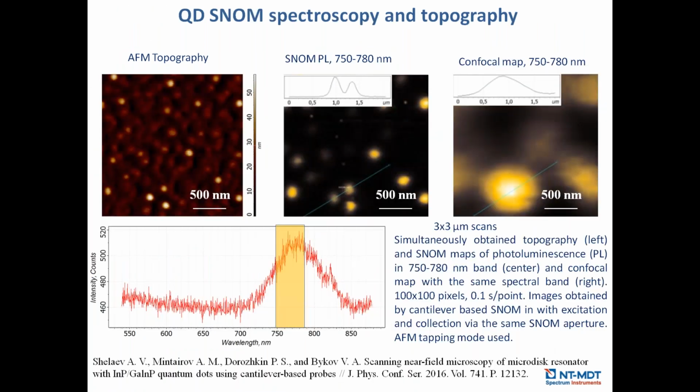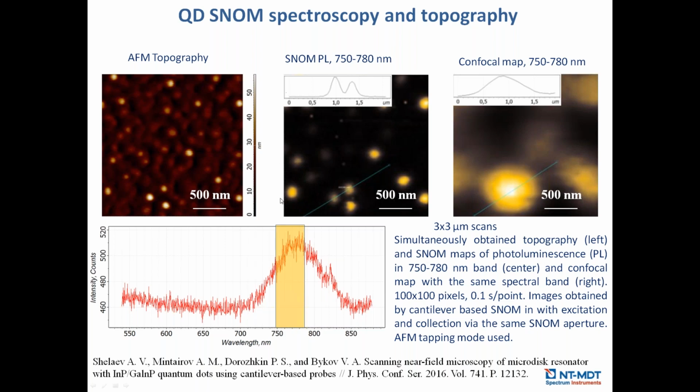So another example, here we use an uncapped sample. With topography we can find individual quantum dots formed by metallo-organic deposition, layer by layer deposition on the surface. In this case we cannot use contact mode, because they were moved by the AFM probe.